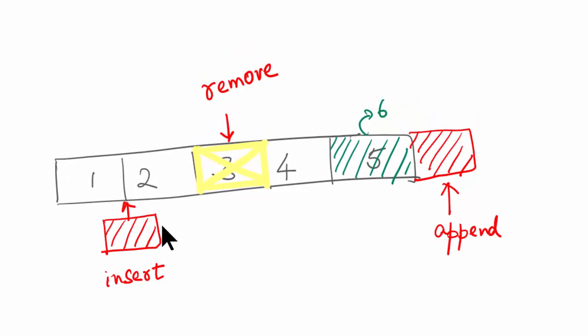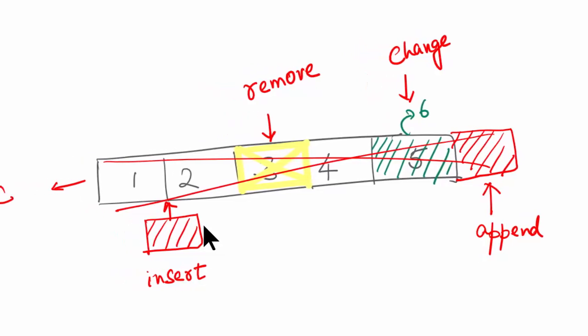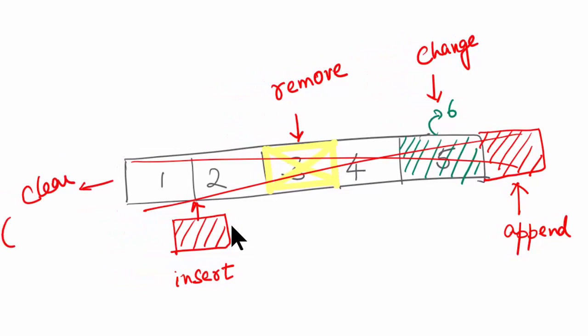So this is called change. So you can change elements in the list, you can remove elements, you can insert elements, you can append elements. And of course, finally, we can clear all the elements in the list. We can say remove all the elements, and that is called clear. Basically remove all the elements.